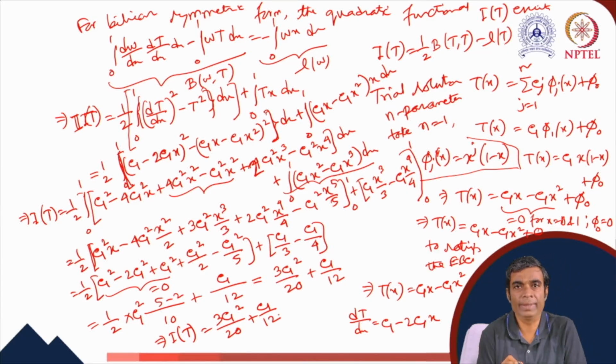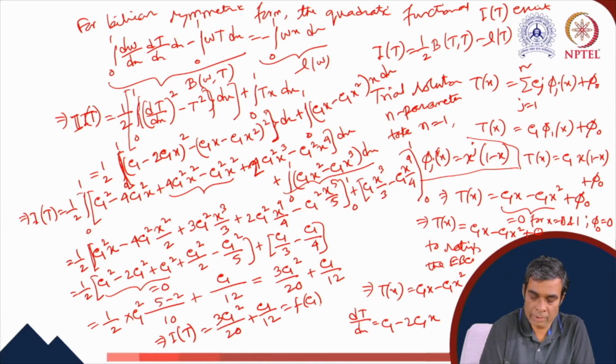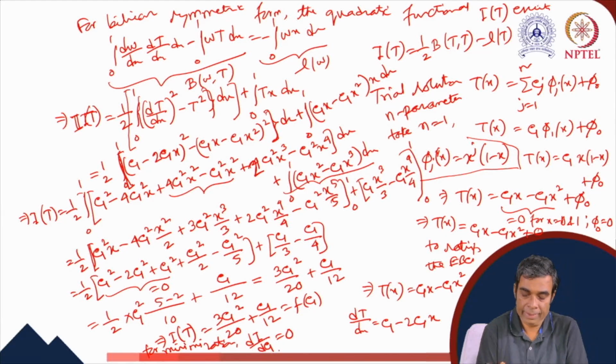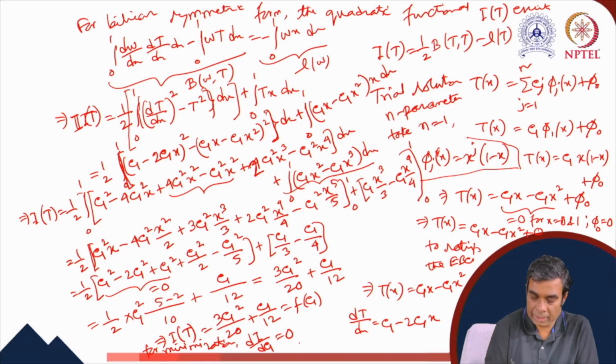Now, for minimization of the quadratic functional, we have only one coefficient, so this is a function of c1 only. So dI/dc1 equals 0 for minimization of the quadratic functional. This gives us d/dc1 of 3c1 square by 20 plus c1 by 12 equals 0.